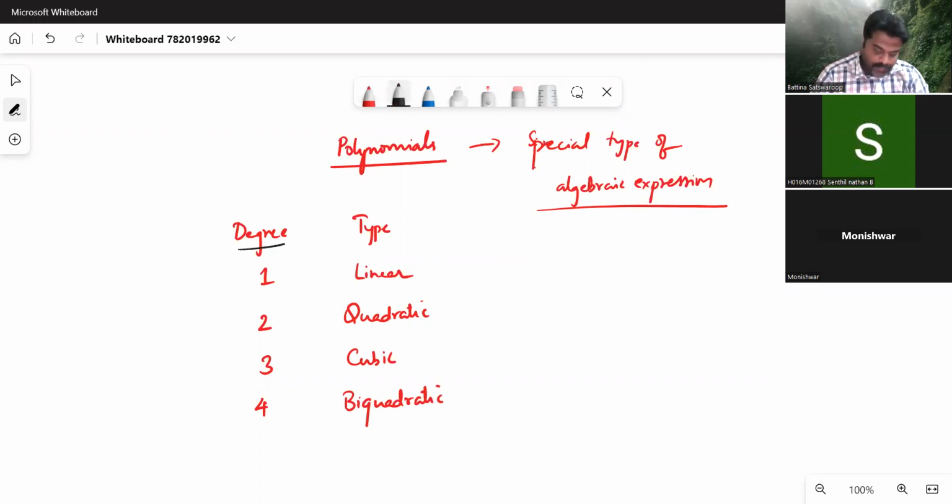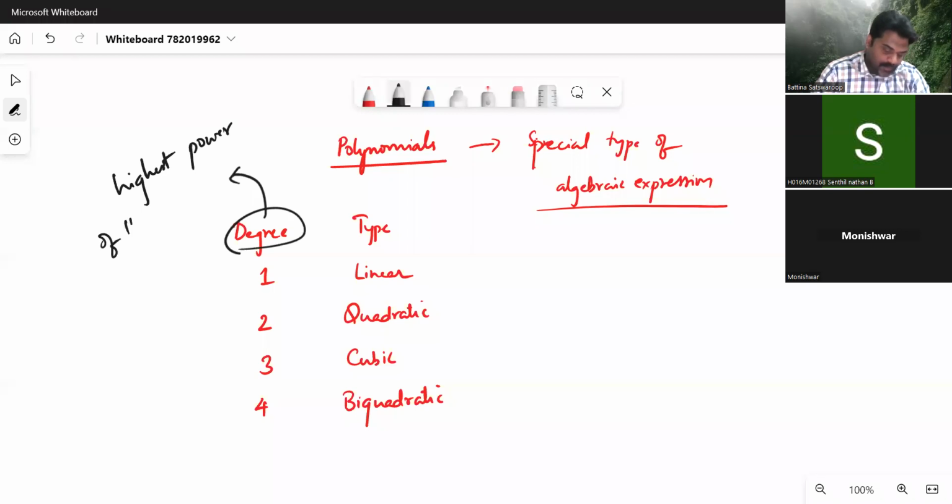So what is degree? Highest degree, highest power of the expression. Correct, sir? Also, one important one is if degree is 0, you will call it a constant polynomial, right? Yes, sir.